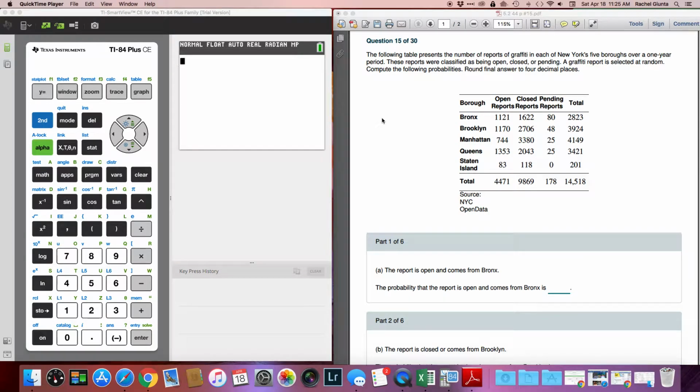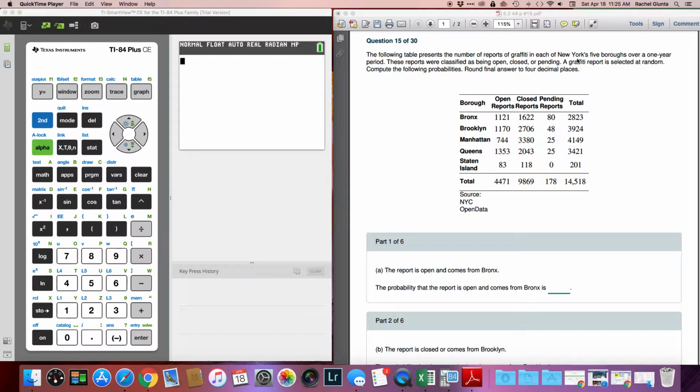Okay, so this is sample final question 15, and it's the last one from chapter 5. Since this one gives us the data all in a nice organized table with all the totals there, I don't really see any need to rewrite all the numbers. They're pretty easy to find the way they're presented here.